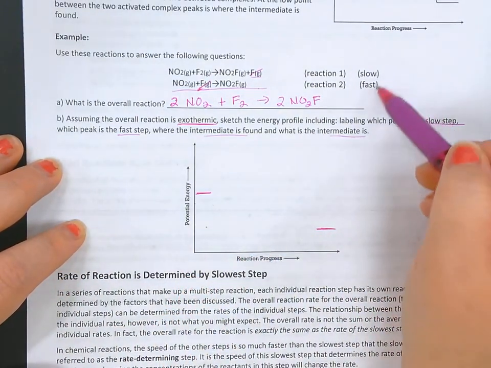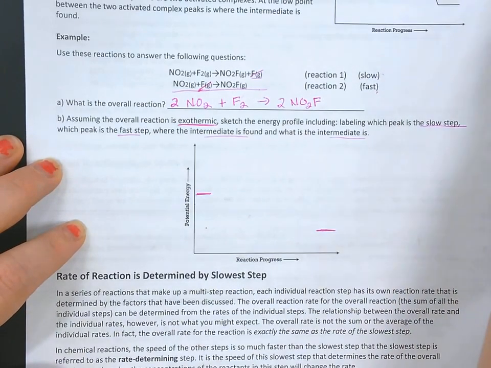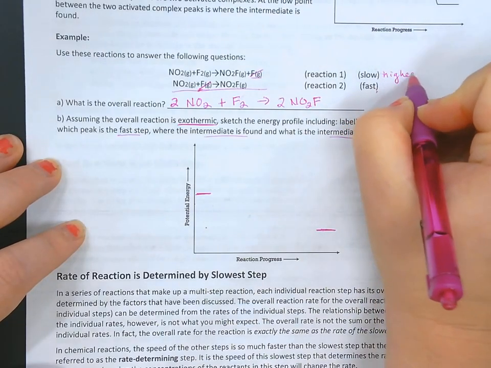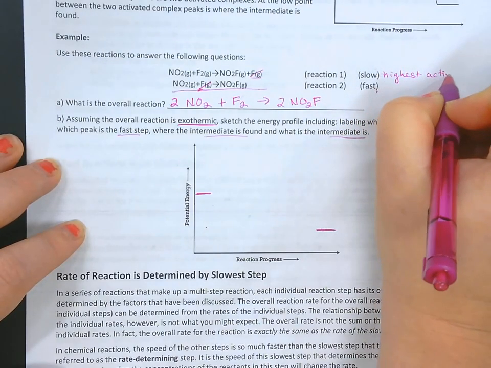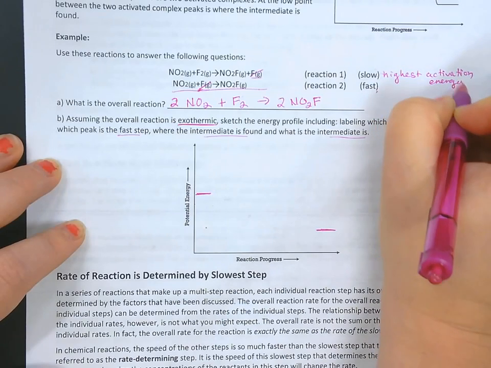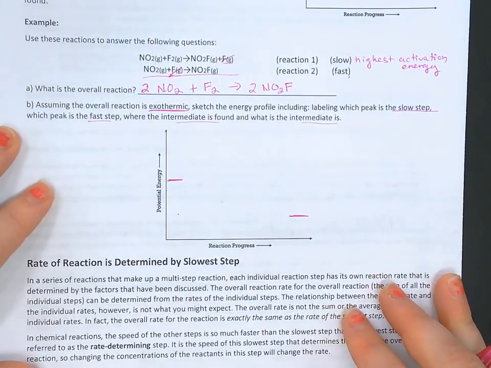Then I want to look at the speeds of my reactions. The slow reaction step is going to be the step that has the highest activation energy. All right, we can see in our previous graphs it's labeled EA, so energy of activation. So highest activation energy is going to be our slow step.